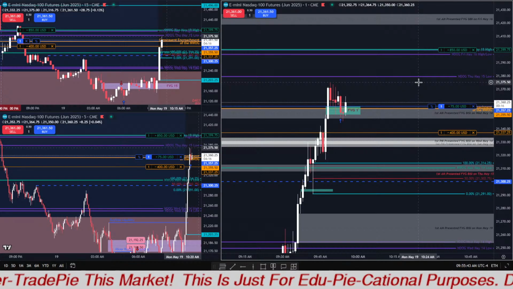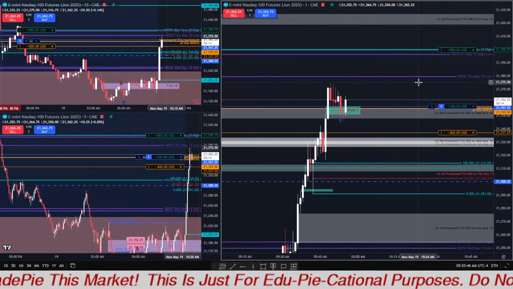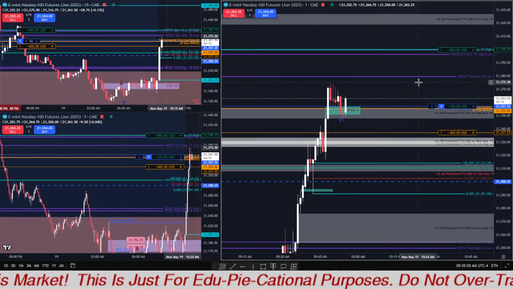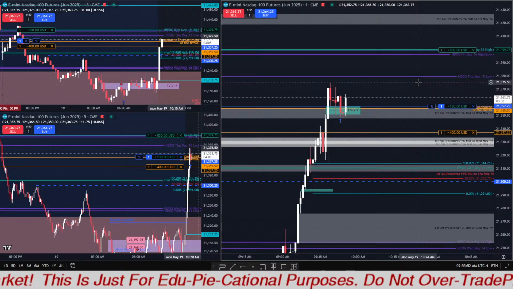I'm targeting the high of the new week opening gap that is resting above the new day's opening gap of last Friday.